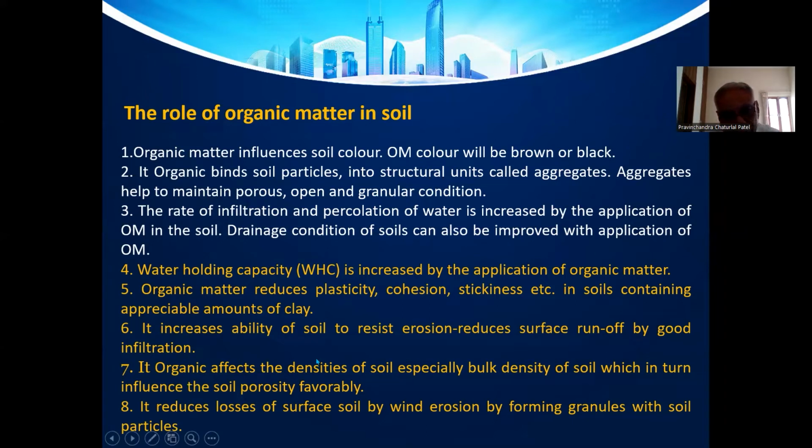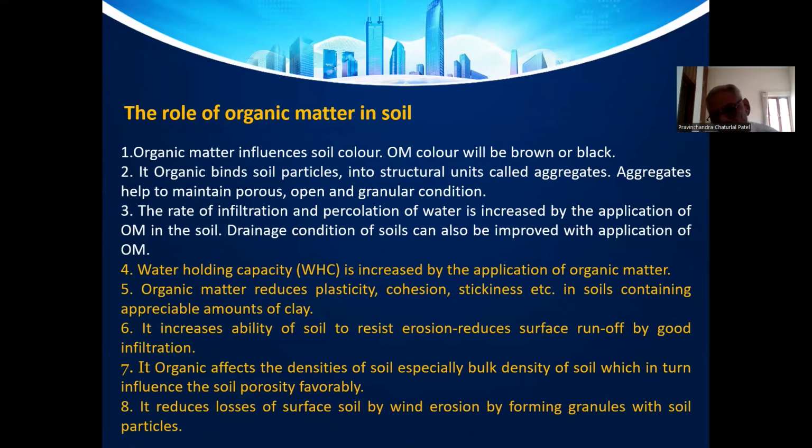Organic matter affects the density of soil, especially bulk density of soil, which in turn influences the soil porosity favorably. So with the help of organic matter, soil becomes porous. So better aeration, and when there is better aeration, then better root growth.